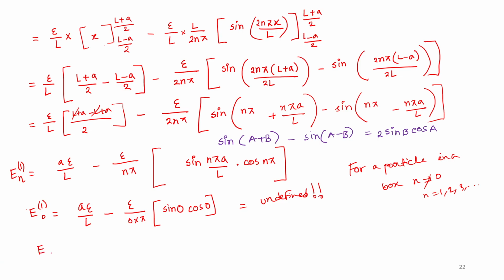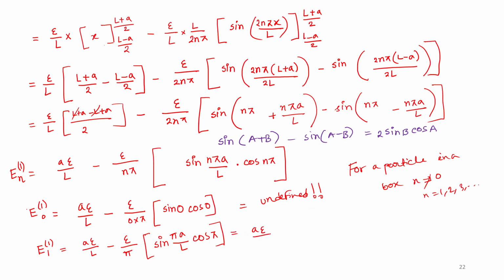But if anyone says that the correction towards, so that would be sine pi a by L into cos pi. Again, cos pi is minus 1.